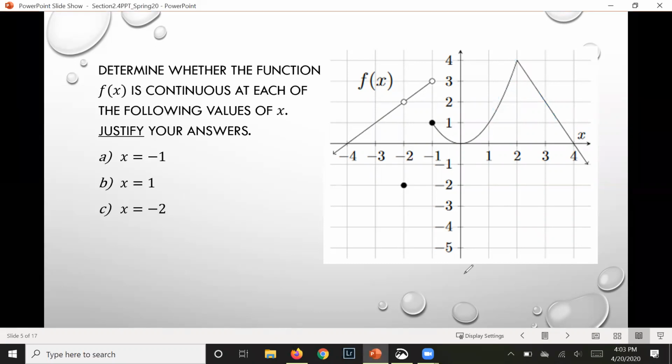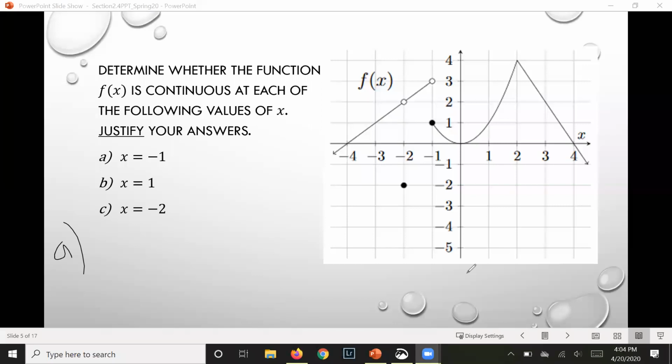All right, let's look at some other examples. So here, we're asked to check whether or not the function is continuous at x equals -1, x equals 1, and x equals -2. So let's do these one by one. We'll start with A here. So x equals -1. So we have to check those 3 criteria, right?